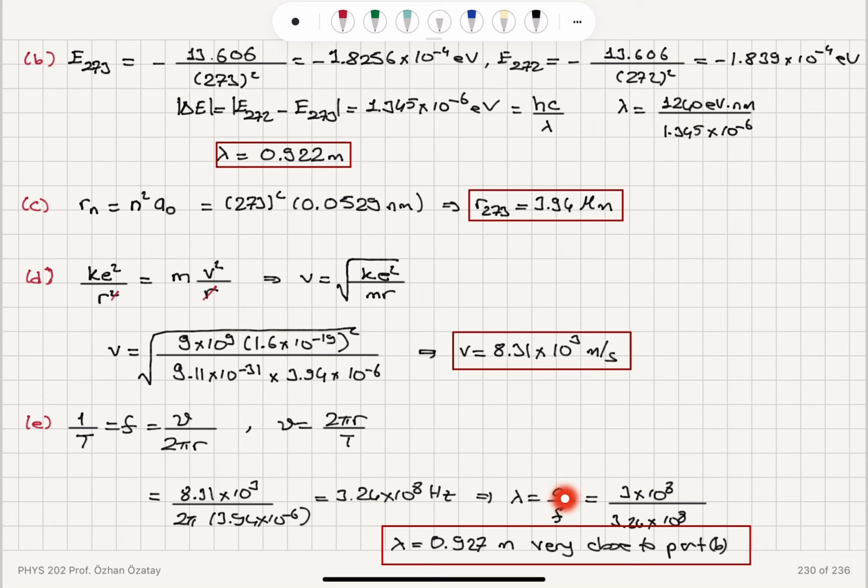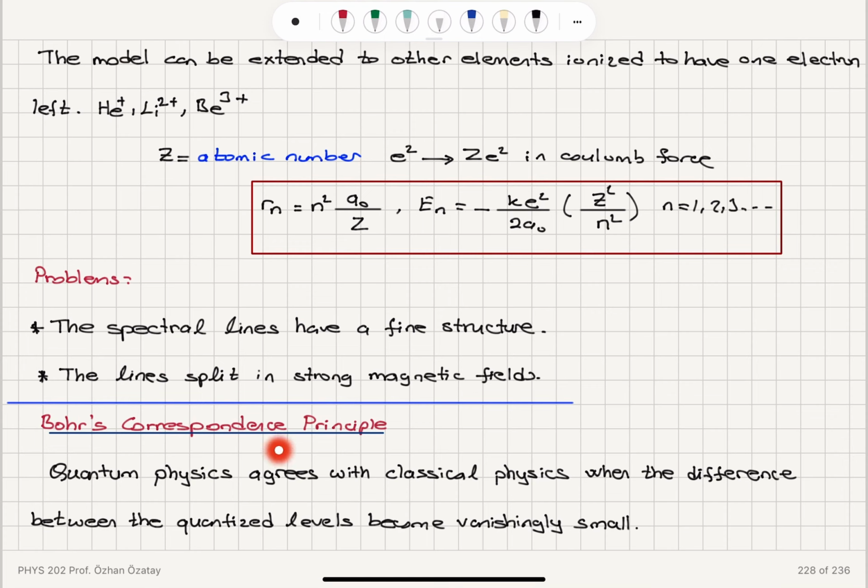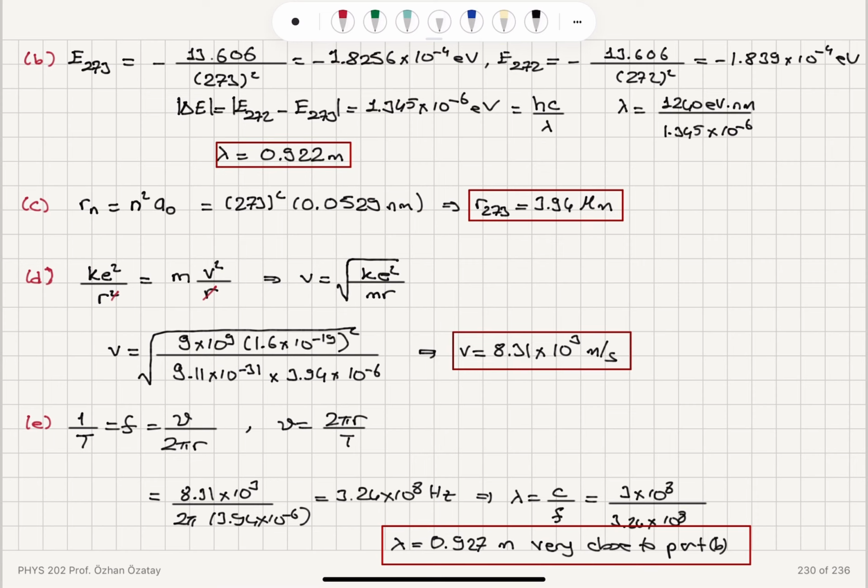The wavelength is equal to, c is equal to lambda f, or lambda is equal to c over f, and we get almost the same answer as in part B. So the classical radiation that would be emitted by this periodic motion of the electron is very similar to the wavelength of the radiation due to the transition from n equals 273 to 272, and that agrees well with Bohr's correspondence principle, because the difference between the energy levels 273 and 272 is very small.